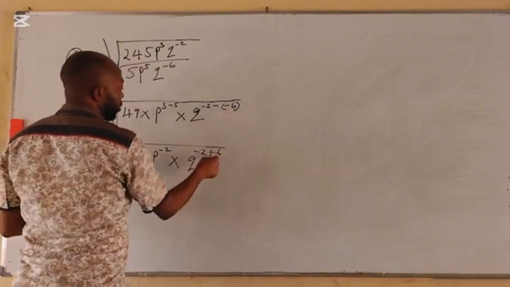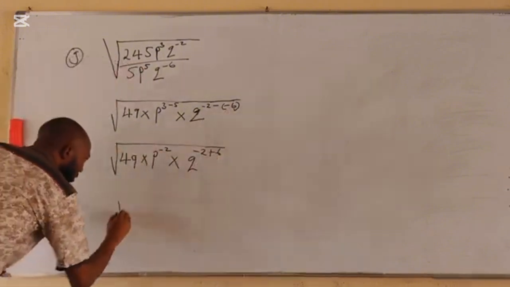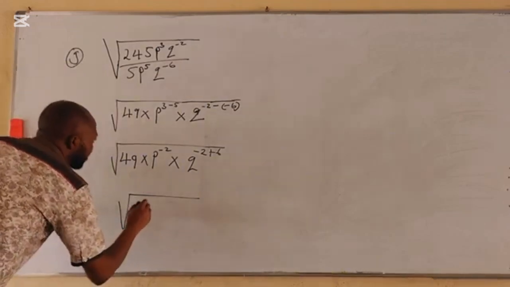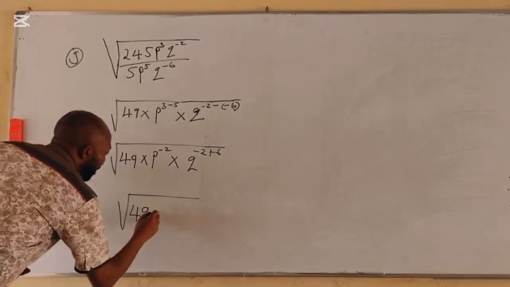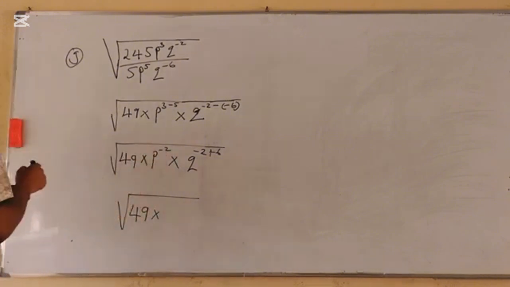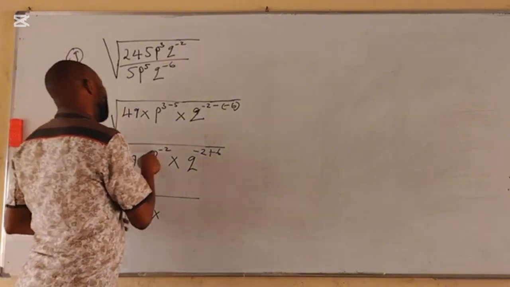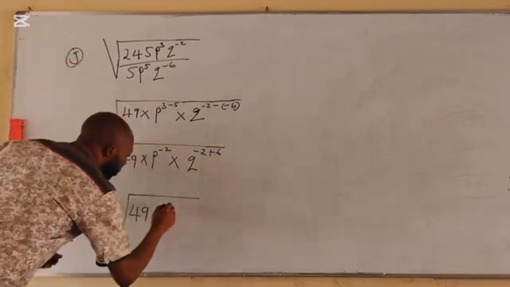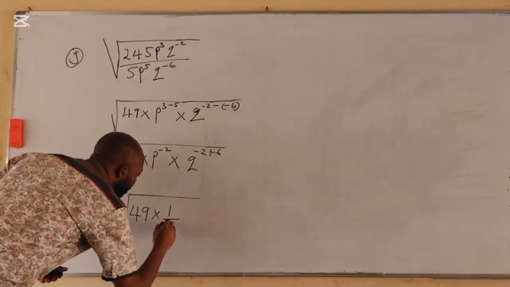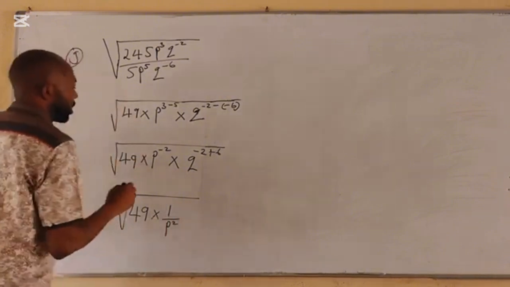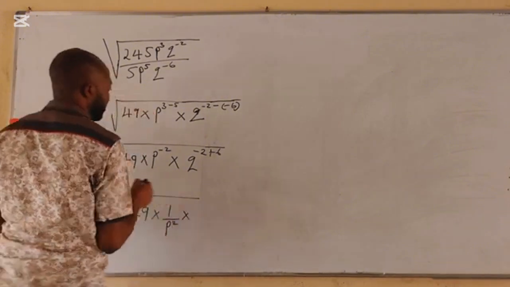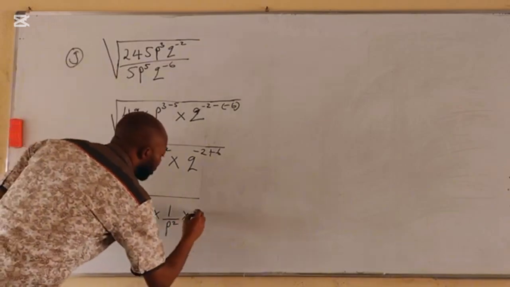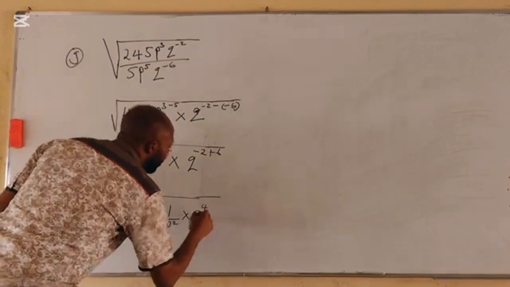Minus times minus is plus. We move on. This is my 49 times this. The negative index law gives us 1 over p squared times minus 2 plus 6, which is plus 4, q raised to the power 4.